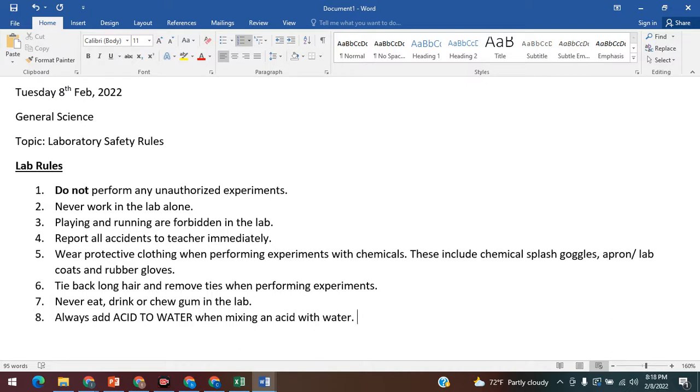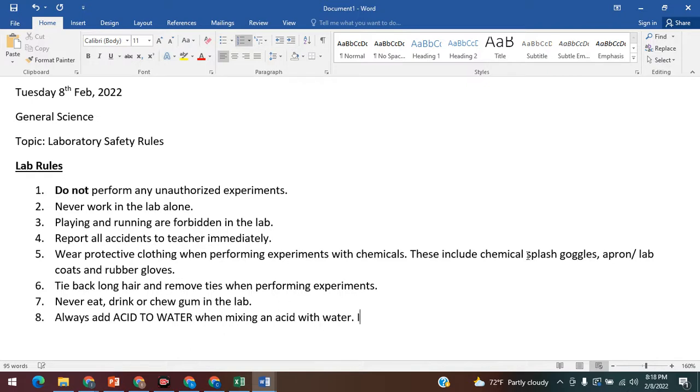Yeah. Add the acid to the water. Now, what happens if you add the water to the acid? It erupts. It could cause a mist of corrosive fumes.